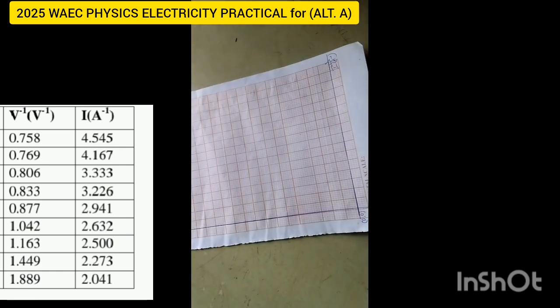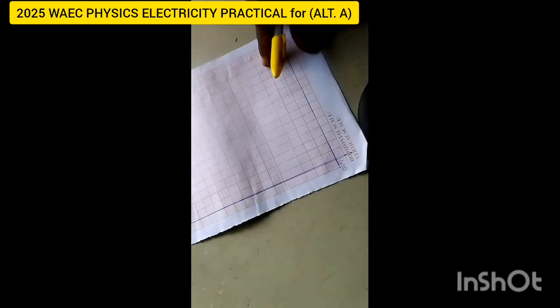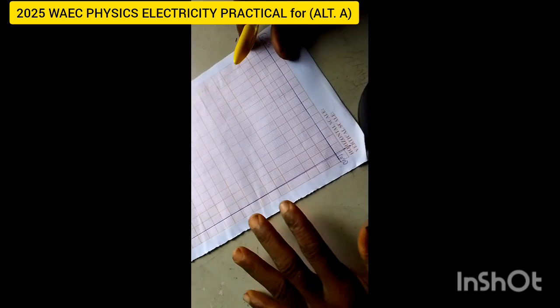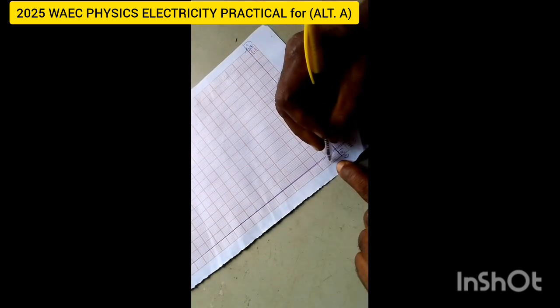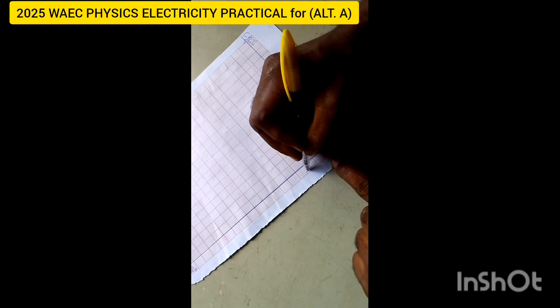From the results, the least we have on the V-axis is 0.758, while the highest is 1.88 or 89, as the case may be. You label your axis. With this, we can now label here to be 0.2, 0.4, 0.6.